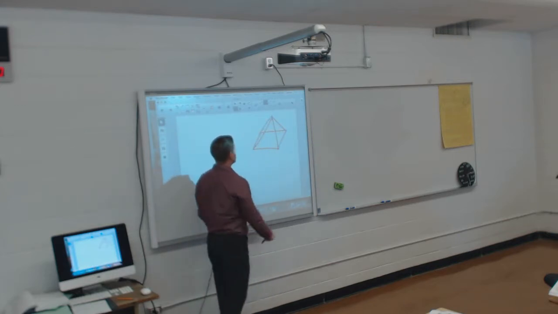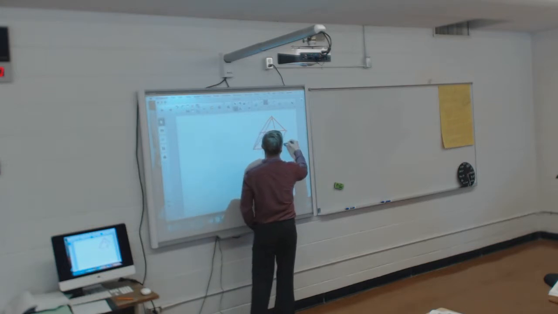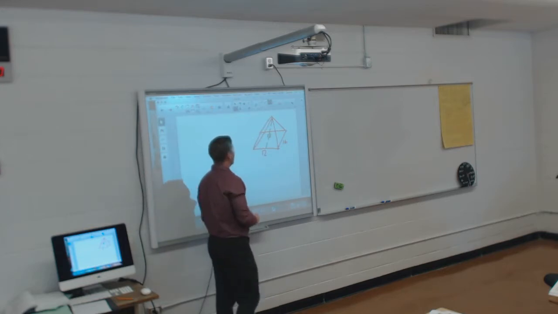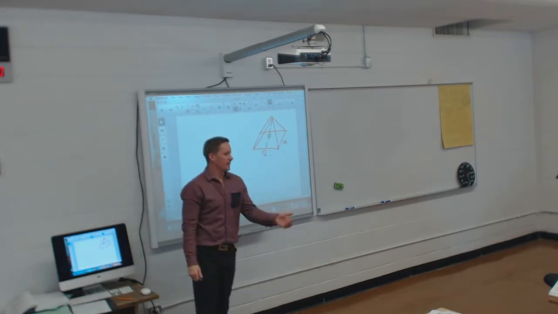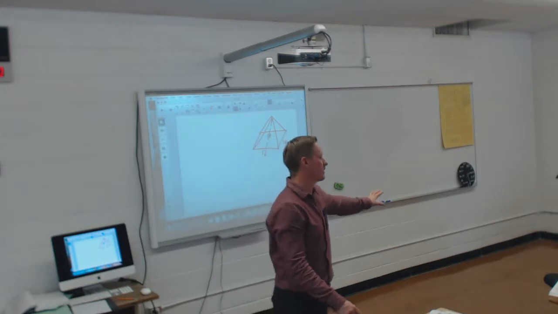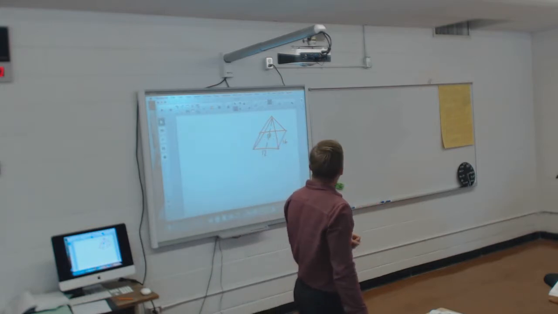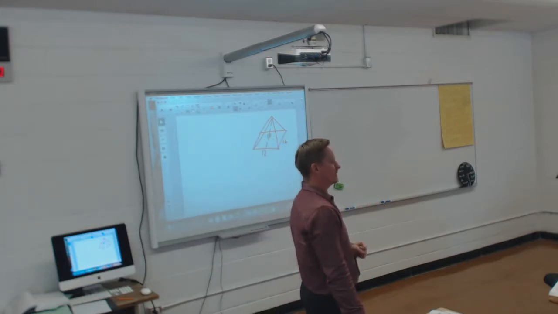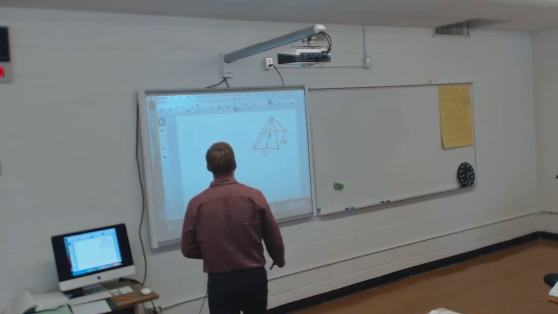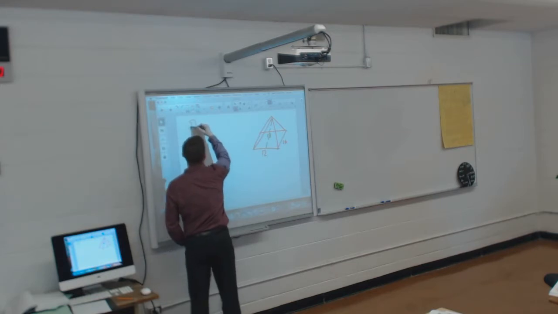Let's say hypothetically this was 12 and this was 16, and your slant height was 18. I'm just making this up. I'm not going to do the question, but I just want to talk to you about it. How do I find the area of the base to begin with? 12 times 16. That's length times width, correct?